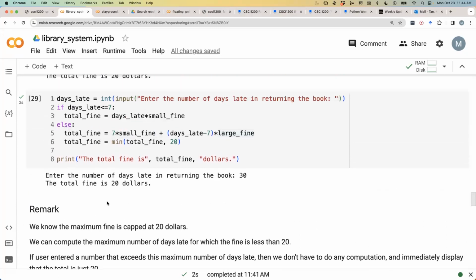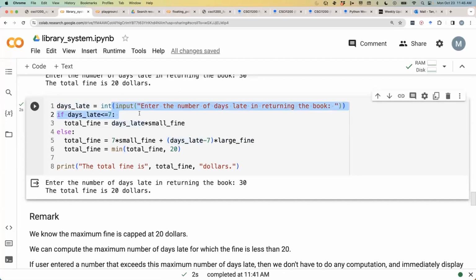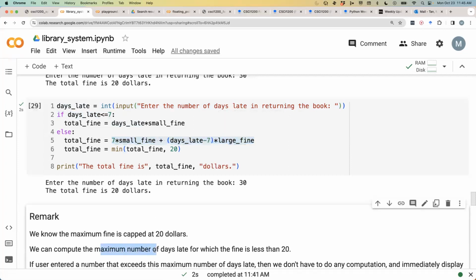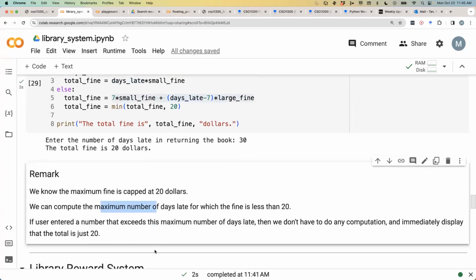So here, whatever value the user enters, you do this computation. But for numbers beyond the maximum number of days, you actually don't have to do computation at all, because if the number the user enters exceeds this maximum number of days late, you know that it has to be $20.